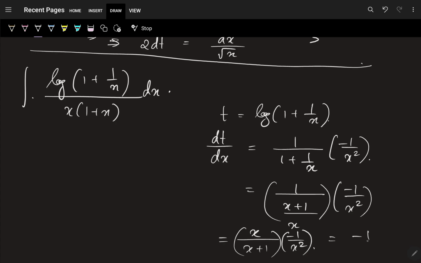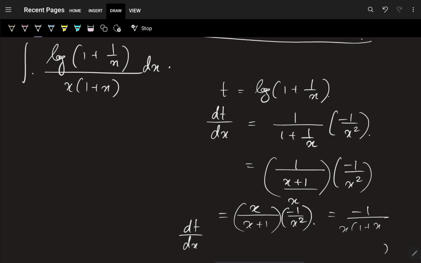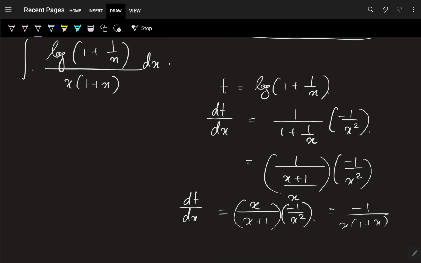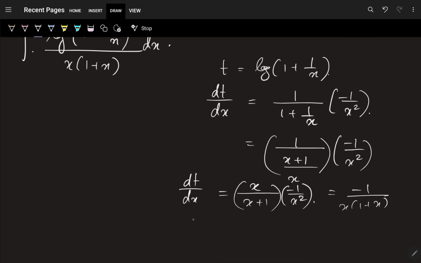So this is gonna be minus 1 divided by x into 1 plus x. So my dt by dx is basically minus 1 upon x into 1 plus x. So we can write minus dt as dx upon x into 1 plus x.